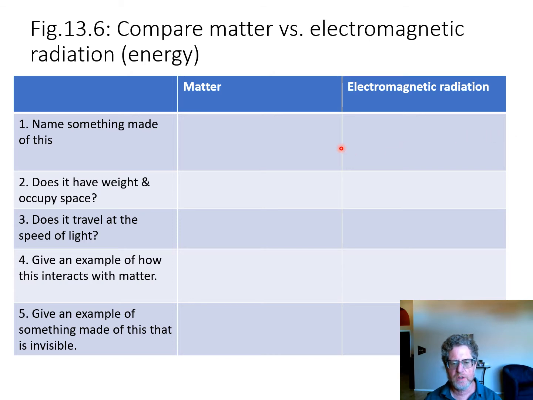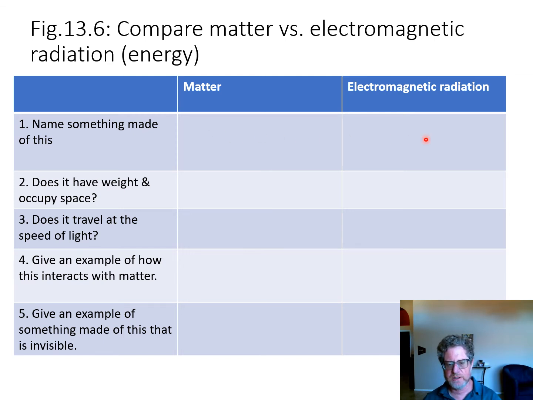All right, so it's a little abstract, but let's see if we can figure this out. Let's compare matter versus electromagnetic radiation, the energy that comes from the sun. Something made of matter, your hand, a ball you're throwing, a pen you're holding, anything that has mass and takes up space is matter.